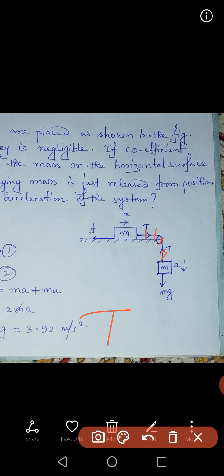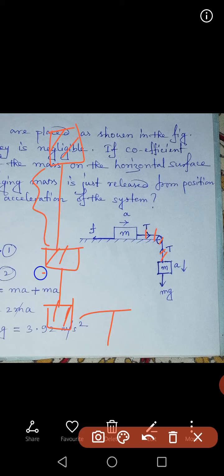Suppose I give another example. Suppose there is one block, one string, another mass, then a string, again another mass. In this case the tension in this part and the tension in this part will not be equal, because this part is attached between two masses and this part is attached between two different masses.